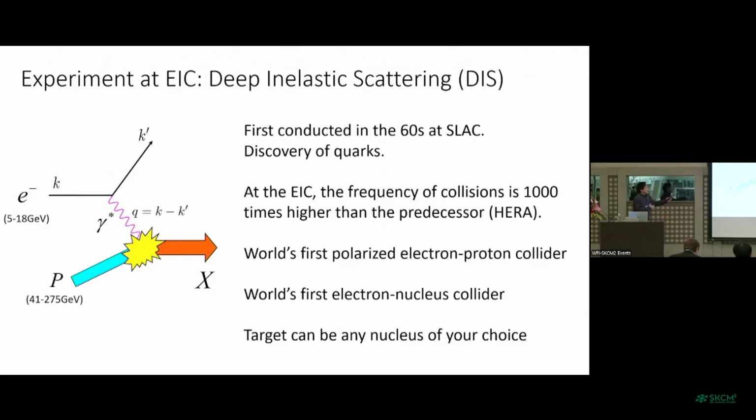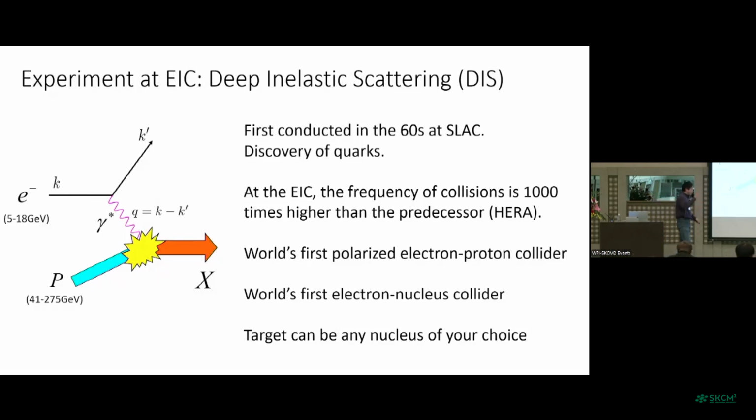And then there were follow-up experiments over the past many decades. The most recent one is called HERA. It's an experiment at the German facility. And at the EIC, the frequency of the collision is 1,000 times higher than what we had at the HERA experiment. And there are many important features. This is going to be the first polarized electron-proton collider, which means you can polarize both protons and electrons.